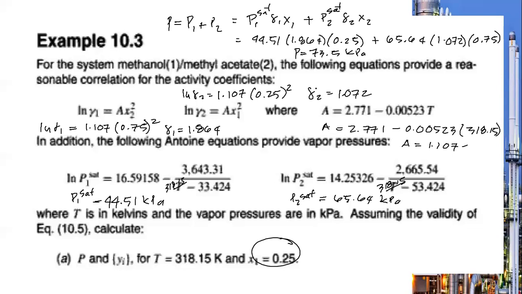Okay, so let's try. This is your P. Let's try to calculate for Y1. Kung Y1 naman, Y1 is simply P1 over P. So, ito, 44.51, 1.864, tsaka 0.25. Divided by 73.5.